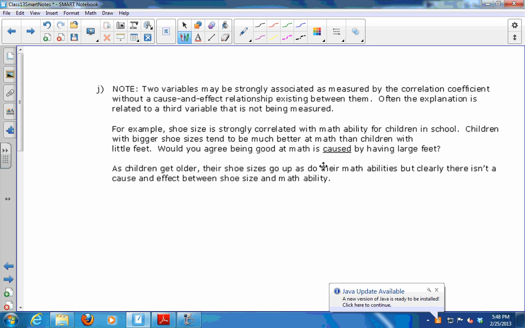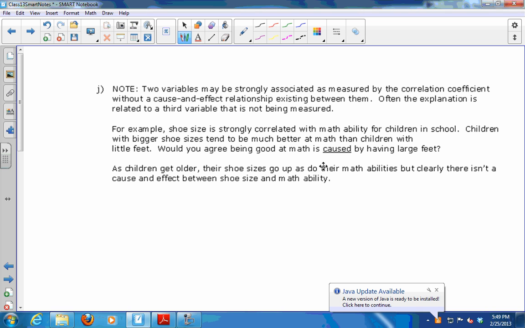Children with bigger shoe sizes tend to be much better at math than children with little feet. Do you think that being good at math is caused by having larger feet? No. In fact, what actually happens here is that as children get older, their feet grow and they get better at math. So there's a third variable that's hidden there, age, that's causing both things.